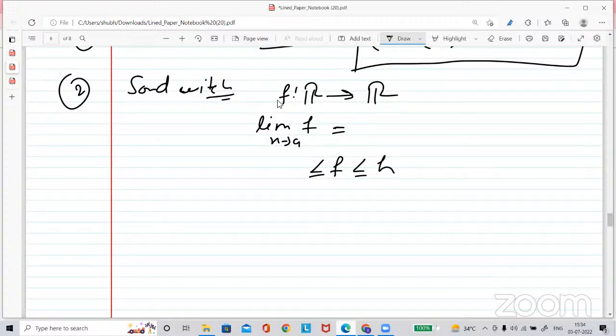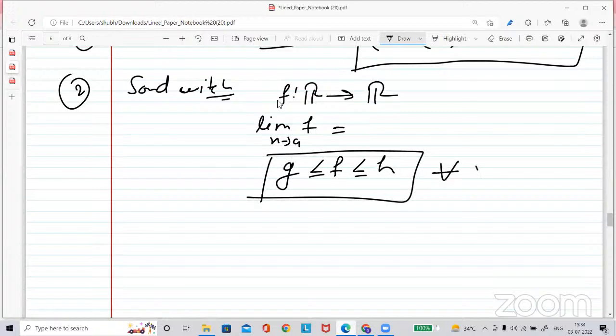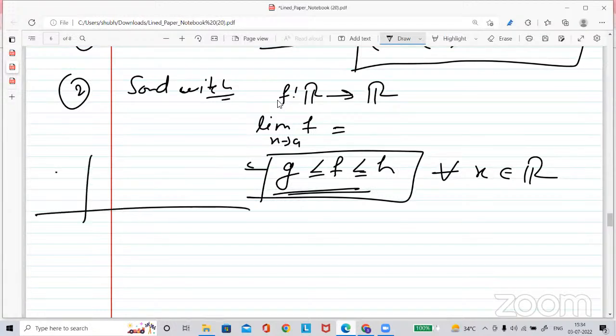Suppose you are able to get two functions such that, for all x in the domain, g is less than or equal to f, which is less than or equal to h. You are lucky to get two functions such that this is happening. Geometrically, let's suppose your function f is this one.